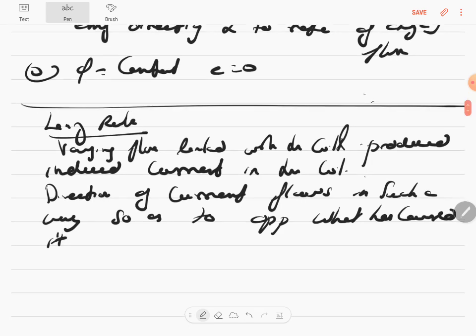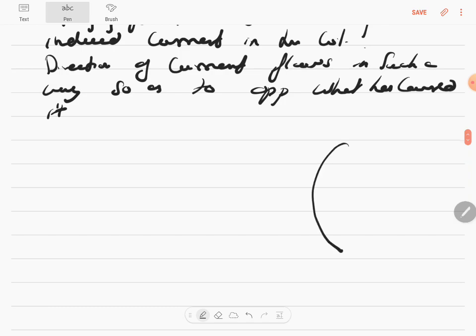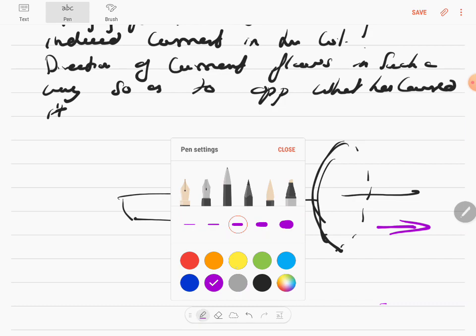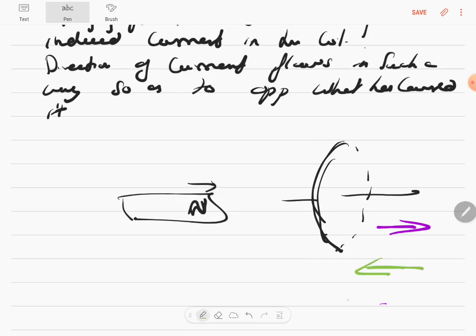Say, for example, this is the outer side of the coil, this is the inner side of the coil. The north pole is moved towards it. North pole means the flux is going to increase in this direction when you take it closer. To counter it, you produce a flux in the opposite direction: keeping the thumb in this direction, the curled fingers have the nails pointing inward.